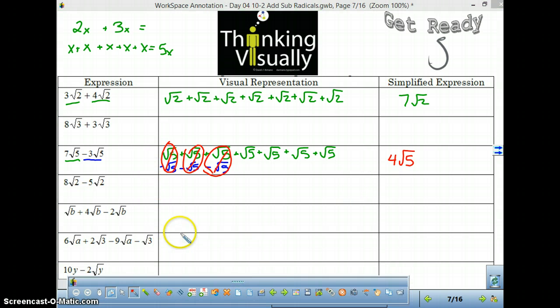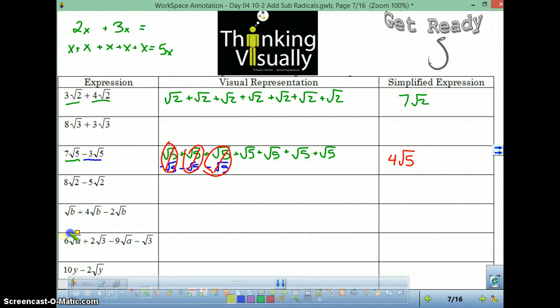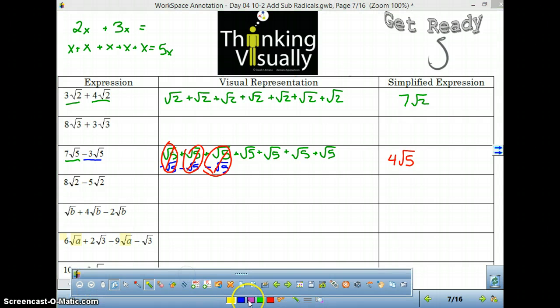Let's try this example down here. What's different here, you'll notice, is we've got some square root of a's, and we've got some square root 3's, right?